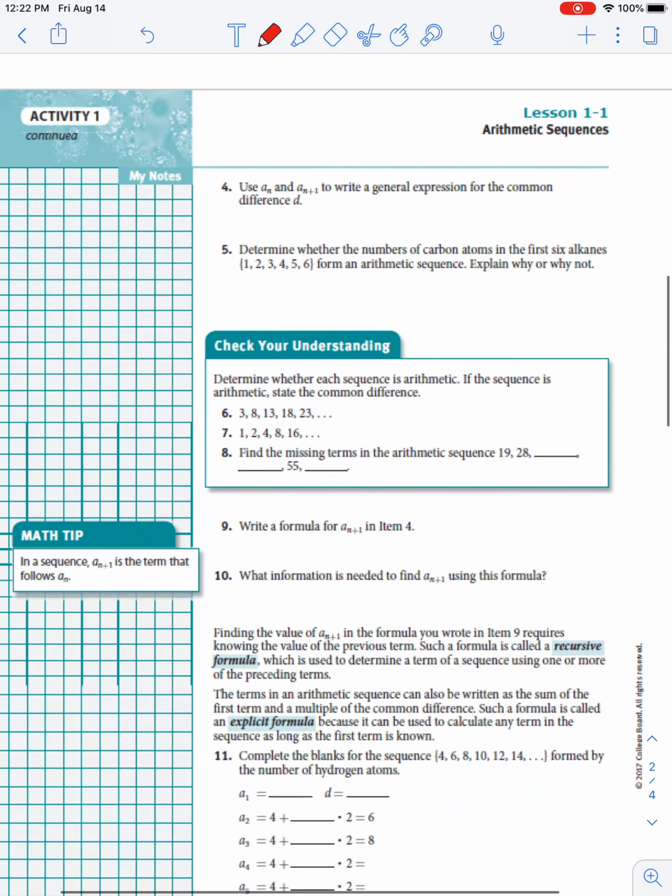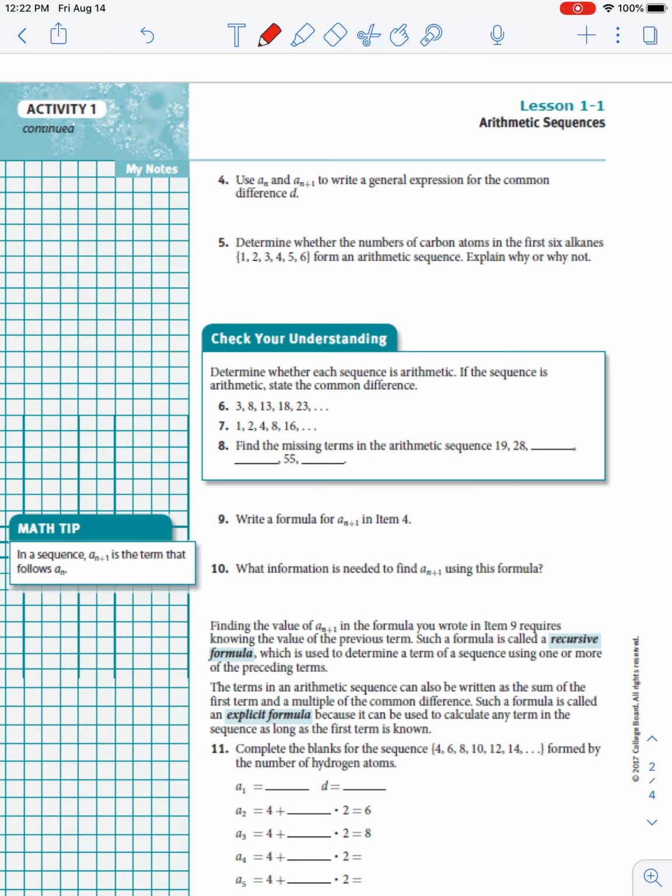Okay, page 2. Here we go. We are going to now start looking at what we call the nth term of a sequence. So thinking about that common difference, that common difference d is really important. It's part of the formula, like I said. So it says use a sub n and a sub n plus 1 to write a general expression for the common difference.